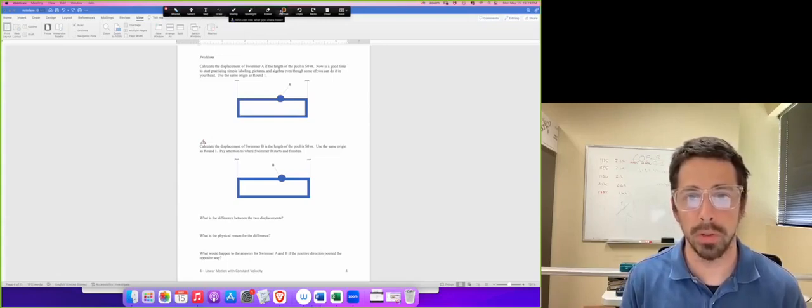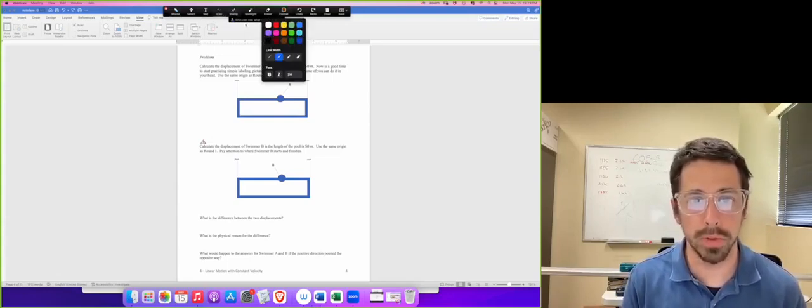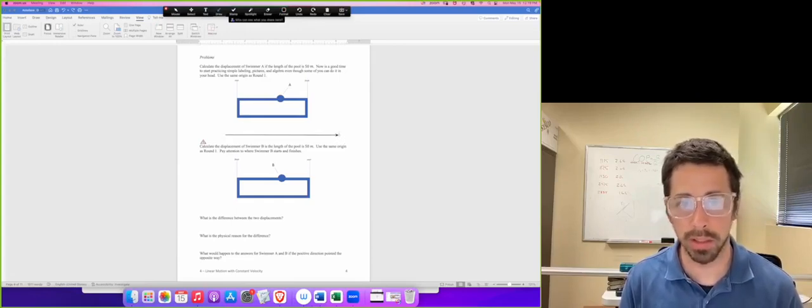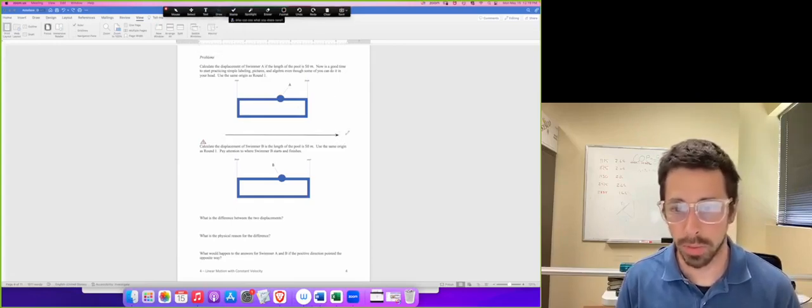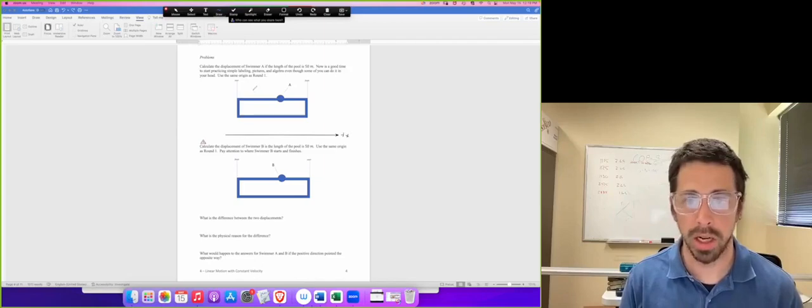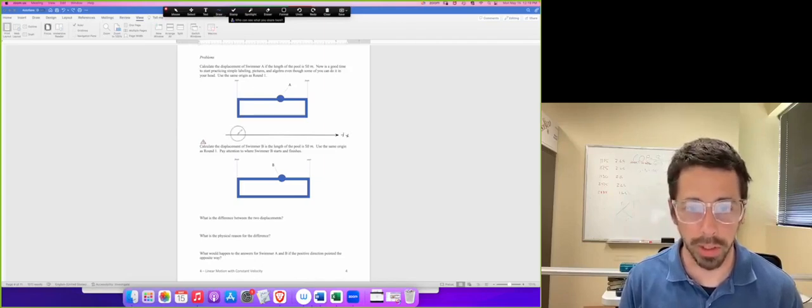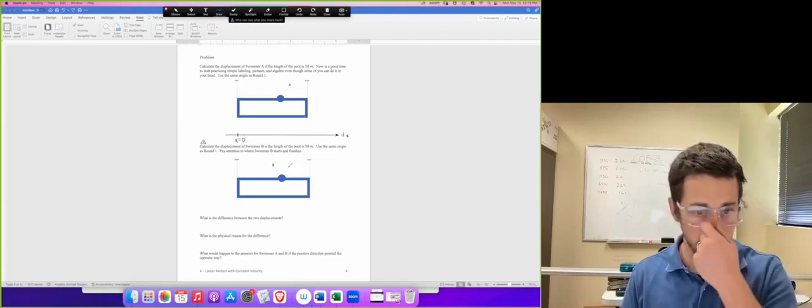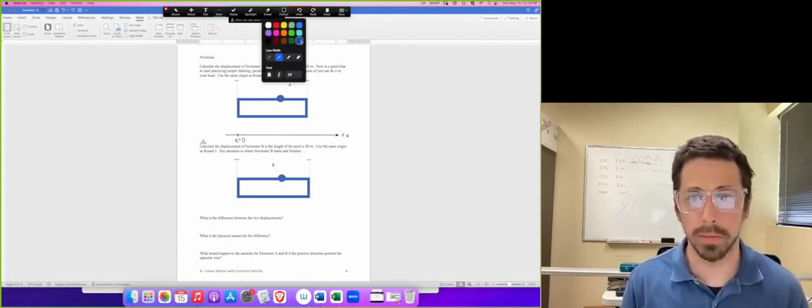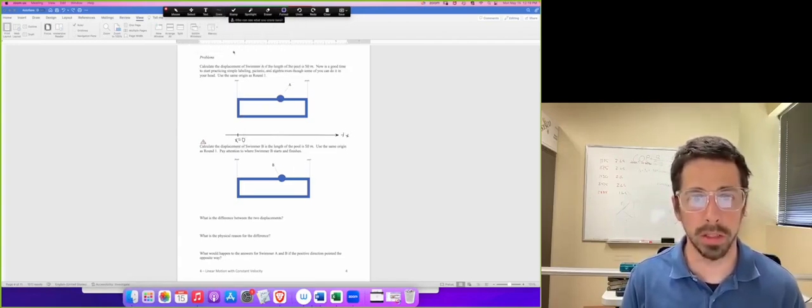Here we go. Let's first things first. Let's draw a coordinate system. All right, coordinate axis goes like so. There's my positive x. I'm going to make my origin at the start right here. x equals 0. Now, let's get the locations, right?